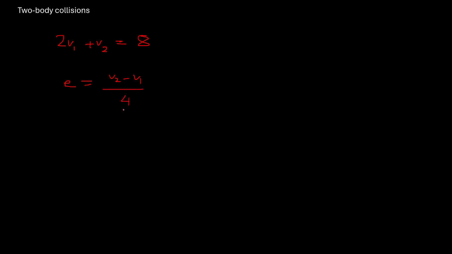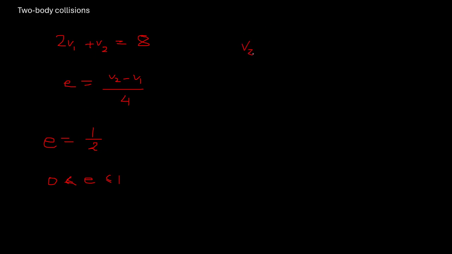So in this possibility, let's give us a value. E is equal to 1 by 2. Also remember that E can only take values between 0 and 1. Yeah, E equals to 1 by 2.